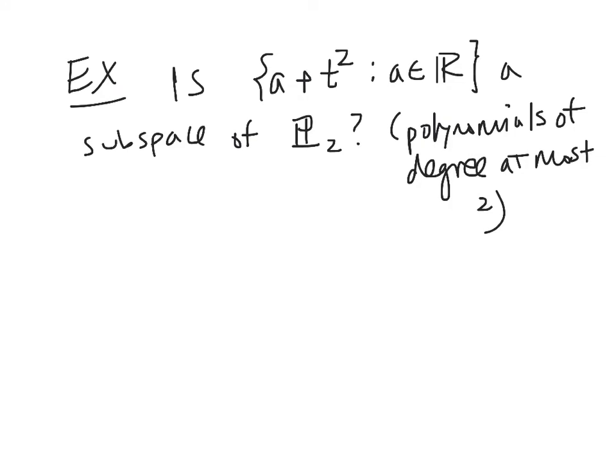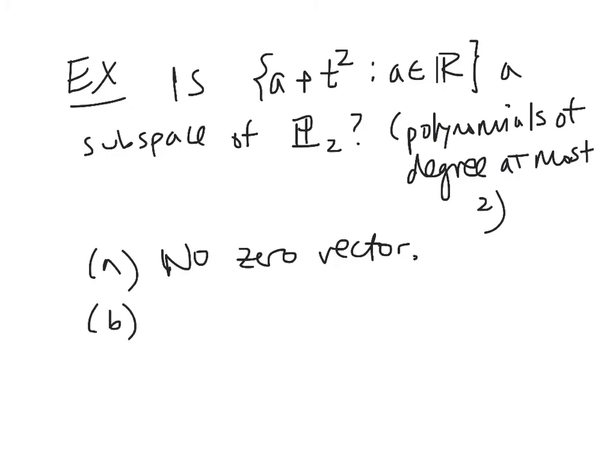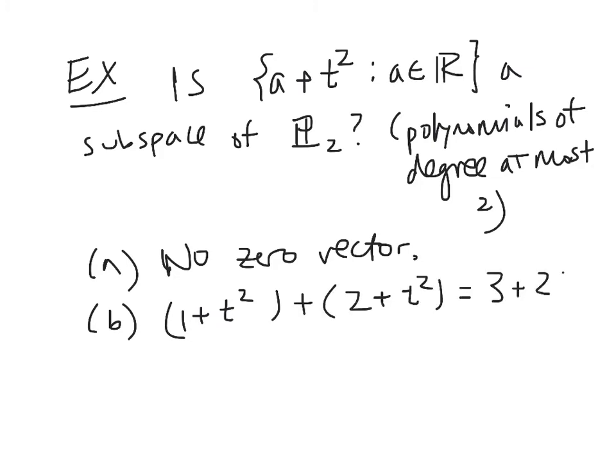The answer is actually no on pretty much every front. There's no zero vector. No matter what I plug in for a, I will not get the zero polynomial. It's not closed under addition, because I clearly see this is not an element of my space.